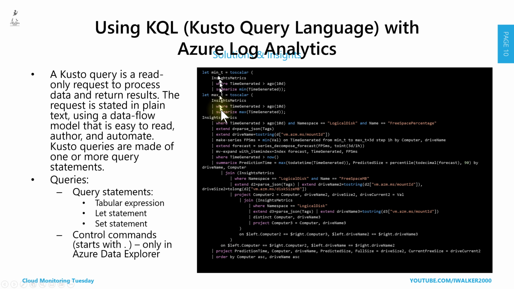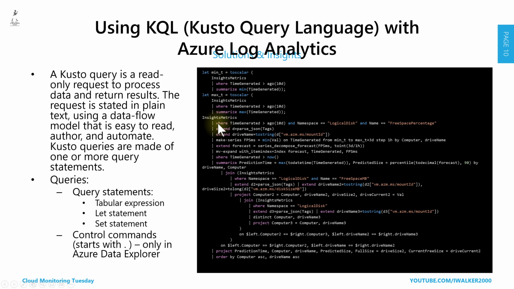We have variable 1, variable 2. There is no set statement, but anyway, we will look at it after. And after that, we have the semicolon. That splits the different statements.